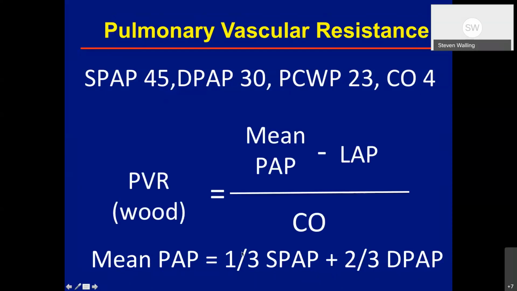So here is a formula I think we all need to know: the vascular resistance equals the pressure divided by cardiac output. In this case, if we give 45, 1/3, 15, plus 30, 2/3, 20, 35, minus the LAP of 12, divided by 4 is 3. So the Wood units will be 3 in this case.